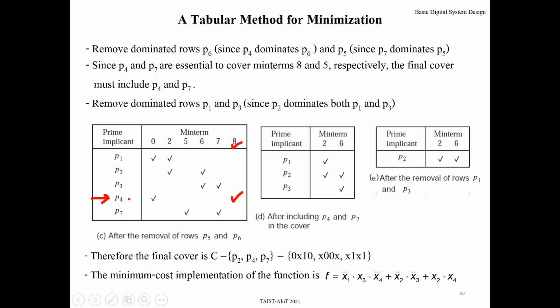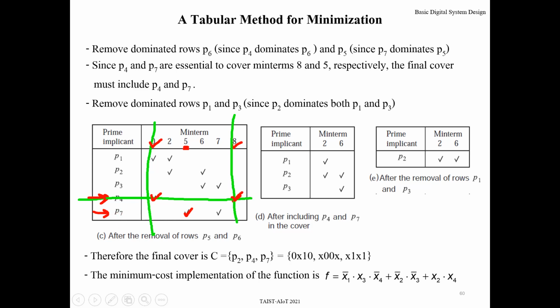So if you choose this one, that means you can delete this row and also this column, because if you select this term, this midterm and this midterm are already selected. Okay. This midterm also 5, only 1, right? Covered by only this P7.